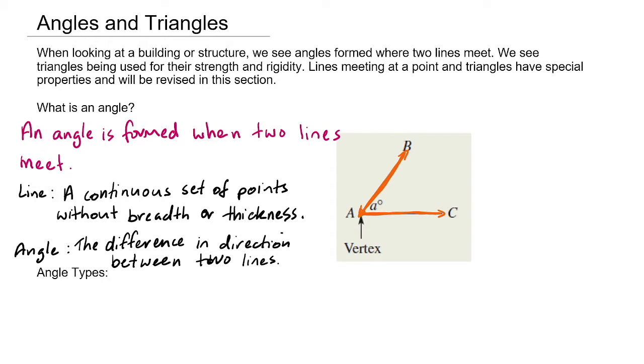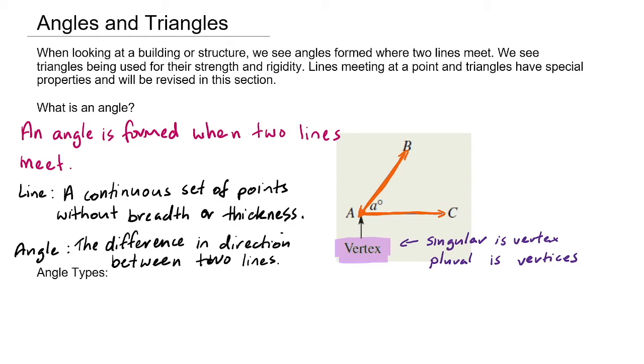Now this point is the vertex, and when we have more than one, they are vertices. So the singular is the vertex. The plural is vertices. So two slightly different words there.